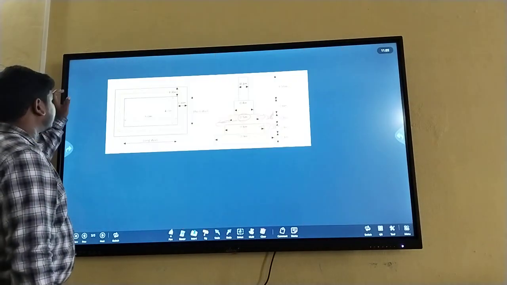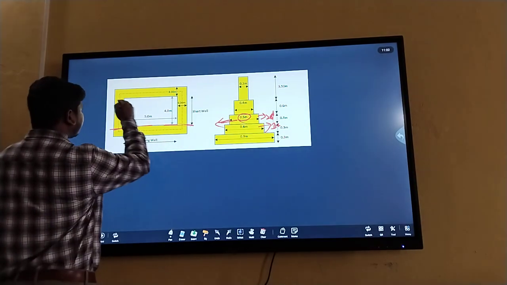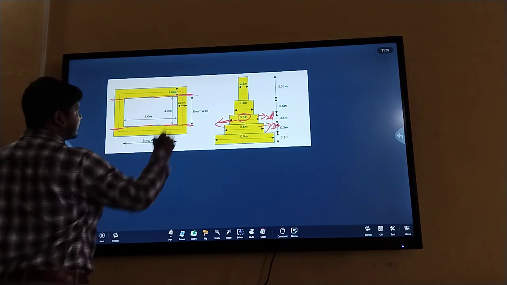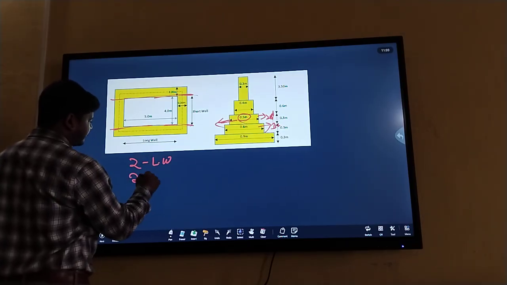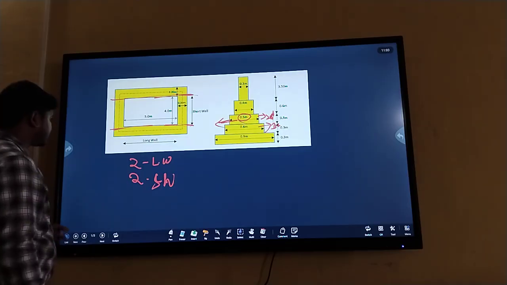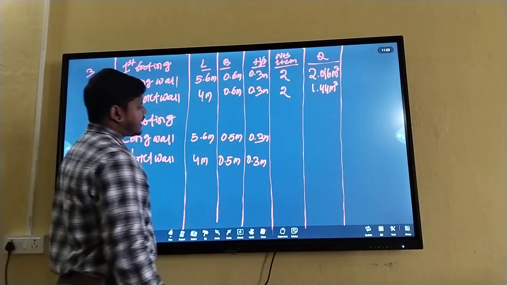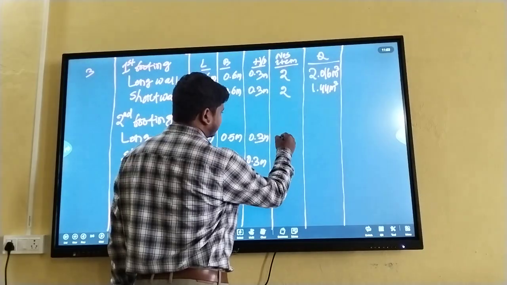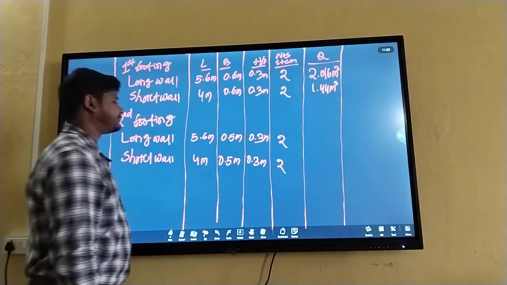We know that there are two long walls, this is one long wall and this is another long wall. So two numbers of long wall and two numbers of short wall.